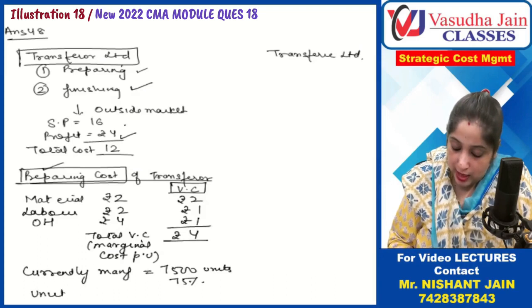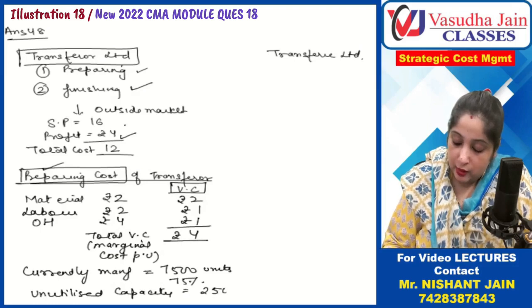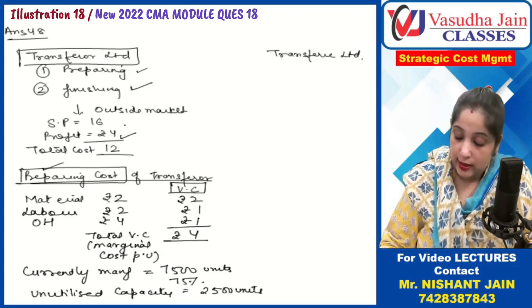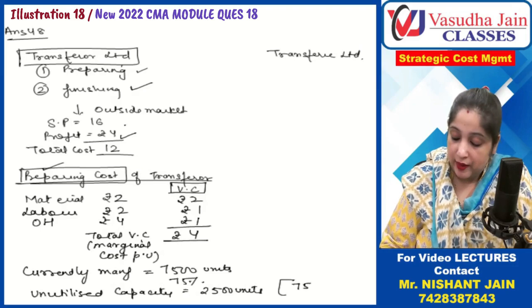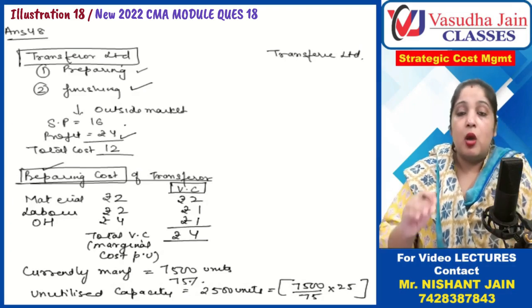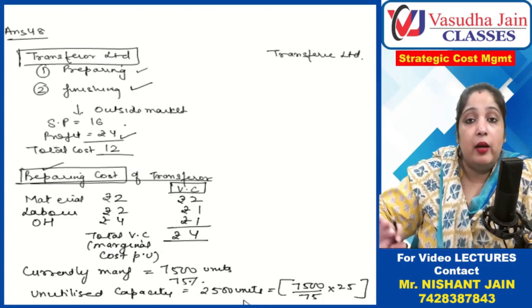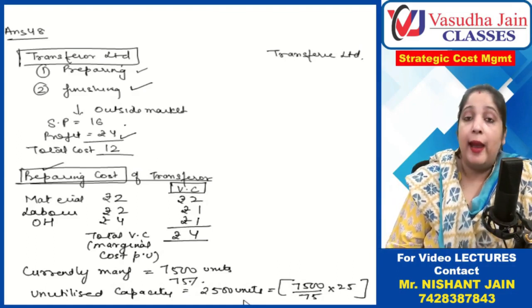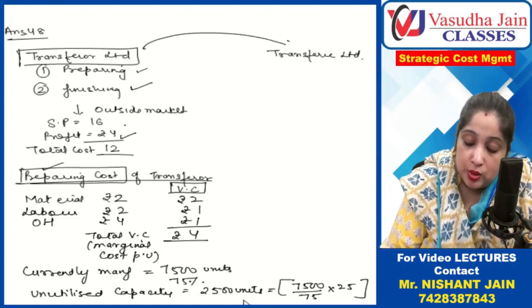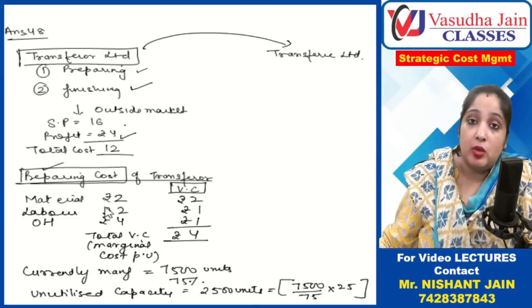So unutilized capacity is how much? 2500 units. Why? 7500 represents 75% capacity, so the 25% capacity which is not used is 2500 units. That means transferor can manufacture 2500 units more and transfer them to transferee company without affecting its sale to the outside market.